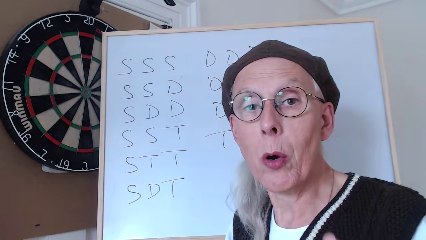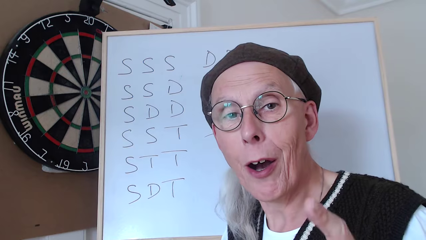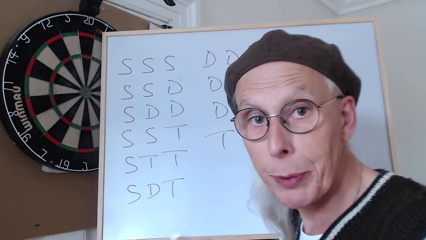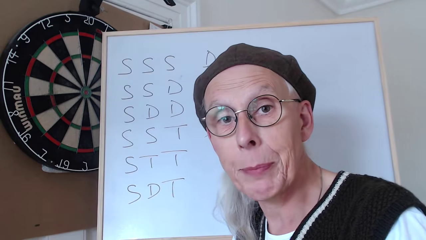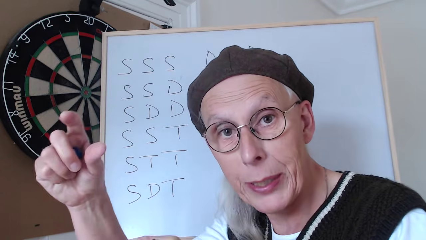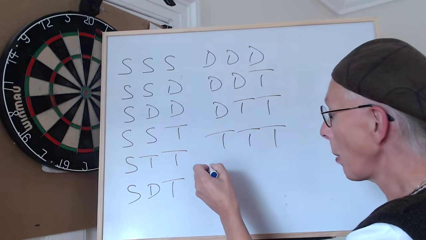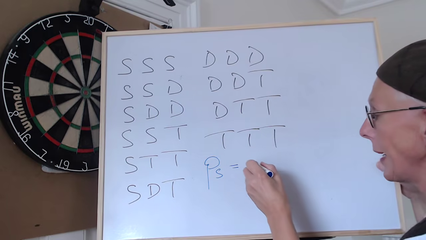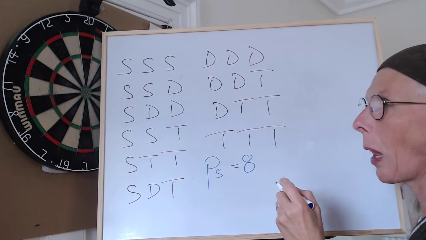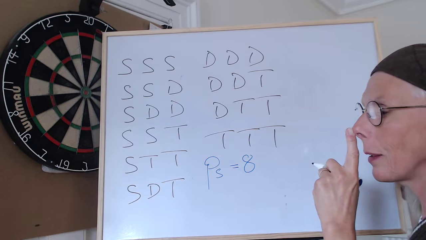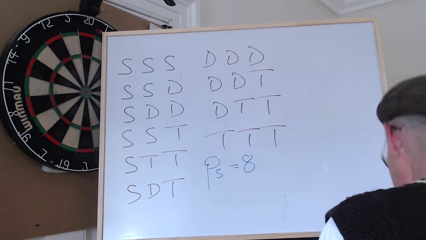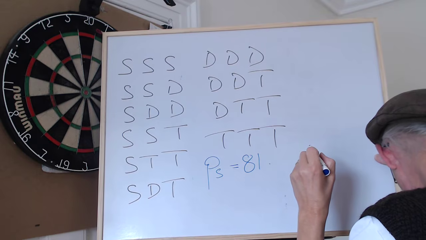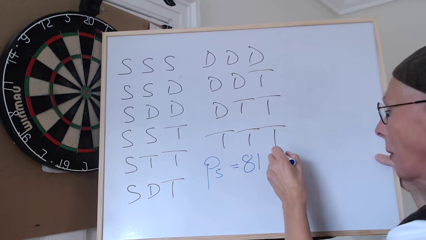And we know the probability of any one of these things happening, like a single, a double, or a treble, because we worked out the area of the regions of the 20 segment. So the probability of Tony getting a single, remember, was 81.1%.